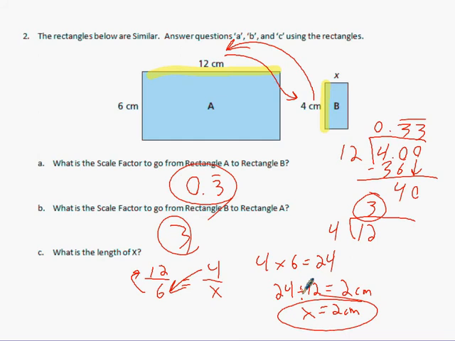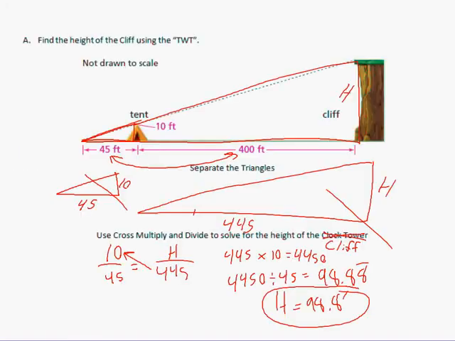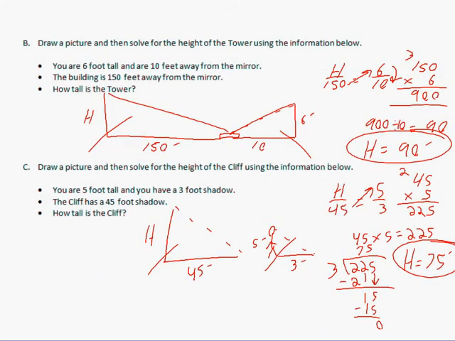All right. Let's go ahead and go back through the worksheet, make sure we answered everything completely. So lesson 5.3 was the final lesson in stretching and shrinking, learning how to use the triangle within a triangle strategy to measure things that are too tall to measure. We learned how the triangle within a triangle strategy works, separated the triangles, cross multiplied and divided. We practiced a mirror method and a shadow method, drawing them and solving them.